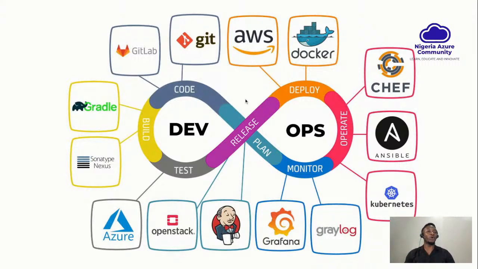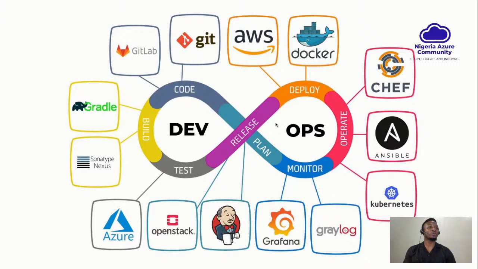But before I go on, I'm just going to take some minutes to explain the DevOps tools that we use in the open source world. And next, after I do that, I'm going to speak on Azure DevOps tools and how Azure has made life much easier for every DevOps engineer by coming up with a software as a service called Azure DevOps.